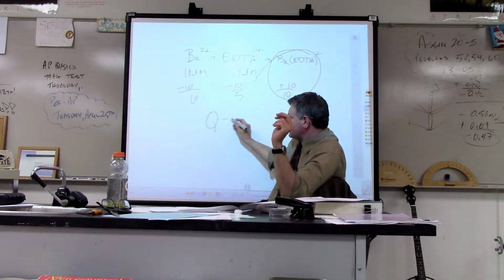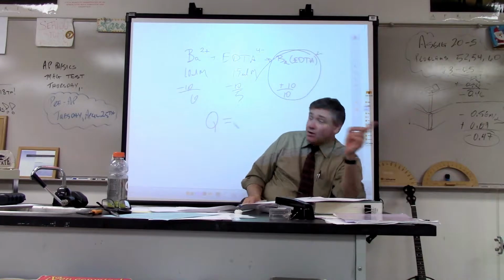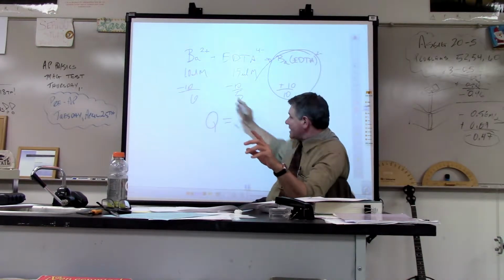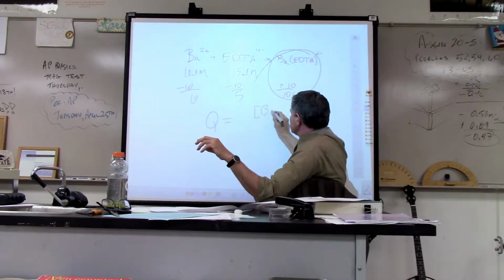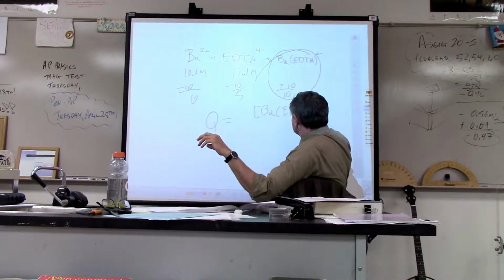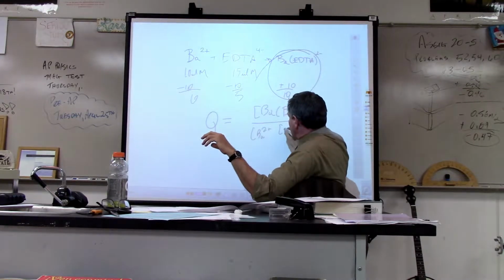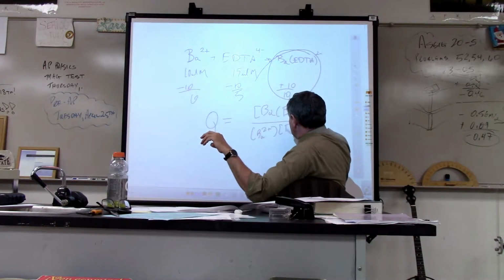You can look at the calculation of Q, which is mathematically the same thing as K, which is going to be products over reactants. So that's going to be the concentration of my BaEta, divided by the concentration of my barium ions and the concentration of my eta ions.